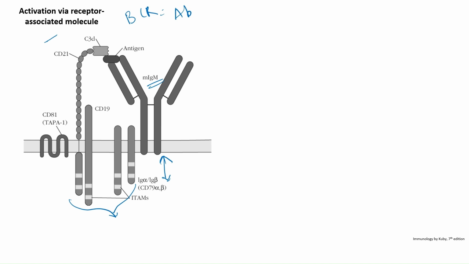So in case of B cell, it contains Ig alpha and beta. Ig alpha and beta, this is CD19, which is associated with CD21. This CD21 has the part of complement, that is C3d. This CD21 can also bind with the antigen to which the antibody is bound. And it also contains some CD81. This is for B cell.